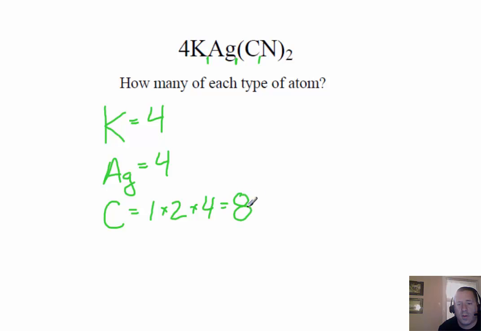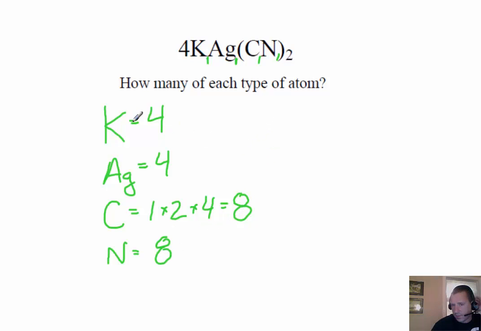So there are 8 carbon. How about nitrogen? Same is true for nitrogen. Is there a subscript of 1? Are there parentheses? Yes, there's a 2. 1 times 2. And a coefficient of 4. 1 times 2 times 4 is 8.